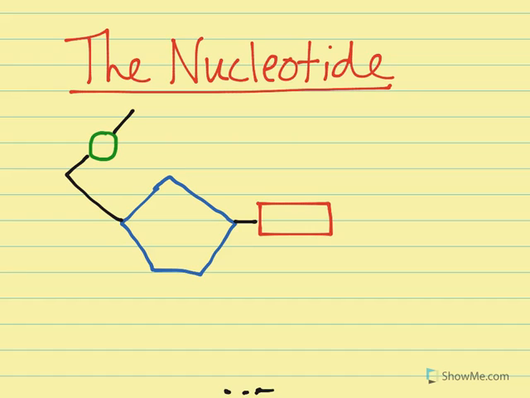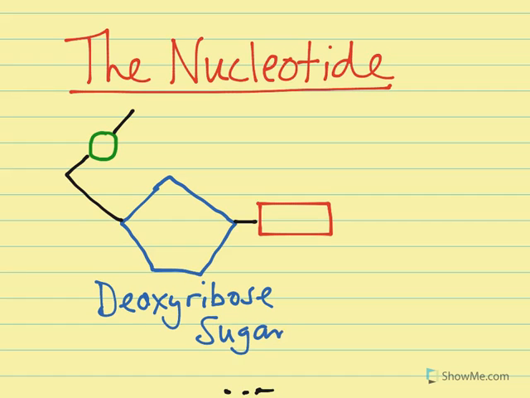Now if we look at the basic component of the DNA molecule, that is called a nucleotide, and the structure of a nucleotide looks like this. The blue molecule, the pentagon-shaped molecule in the middle, is deoxyribose sugar. The green molecule up in the top left is a phosphate group.